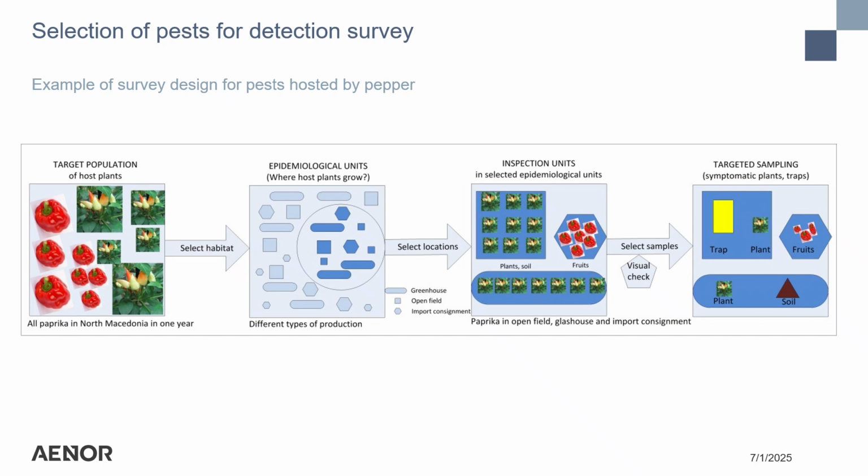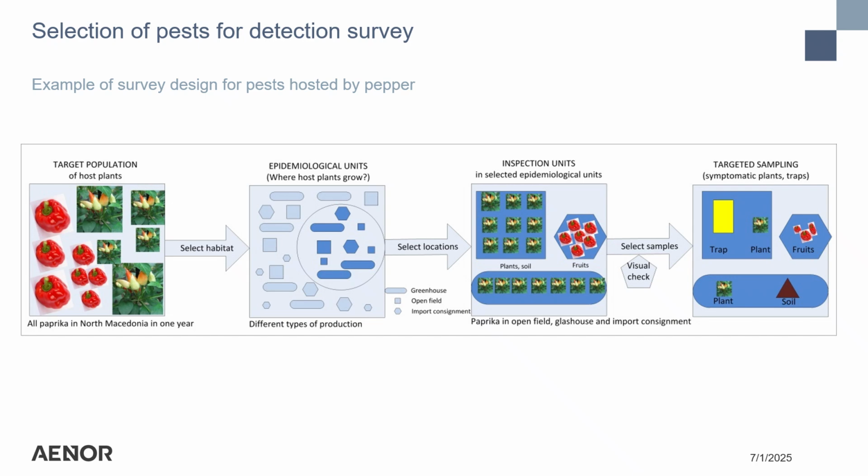So for the example of quarantine pests on pepper, we need to know the size of the pepper population, that is, how many plants are grown in the country, for example, all paprika grown in one year. Then we select risky habitats where it is most probable that quarantine pests would occur. We define epidemiological units. Then we further select survey sites and define the inspection units where targeted visual examination and sampling will take place.